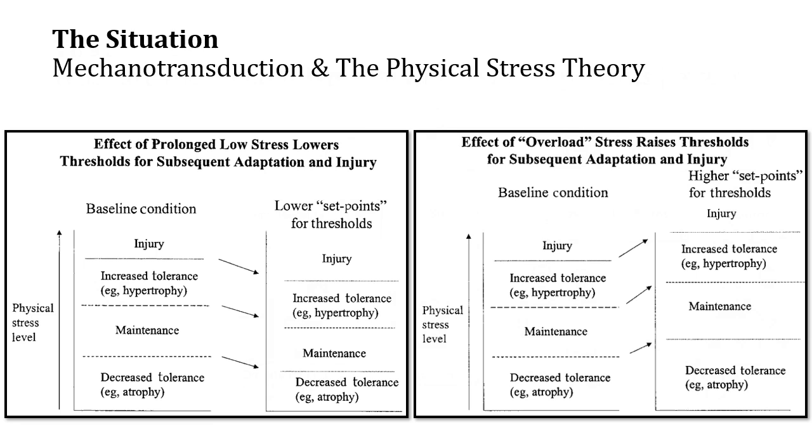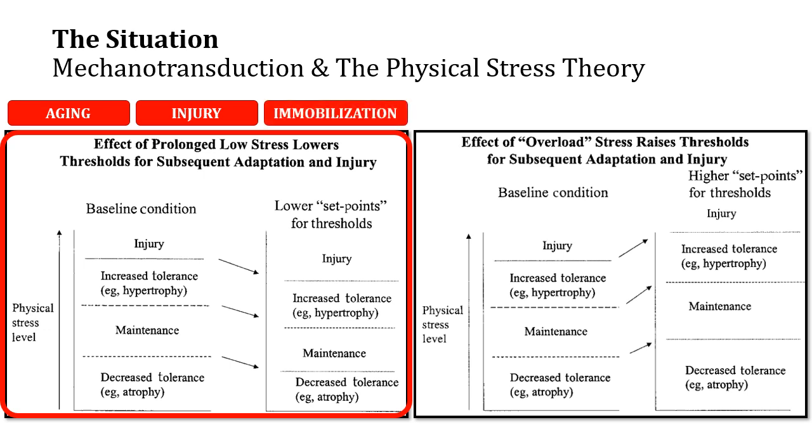And this is in line with the mechanical stress theory presented by Muller et al. in 2022. Right, so in this first figure on the left, there's the effect of prolonged low stress, which lowers the thresholds of subsequent adaptations and thus also predisposes someone to injury.